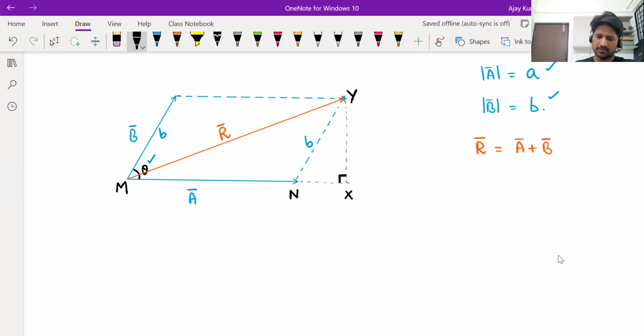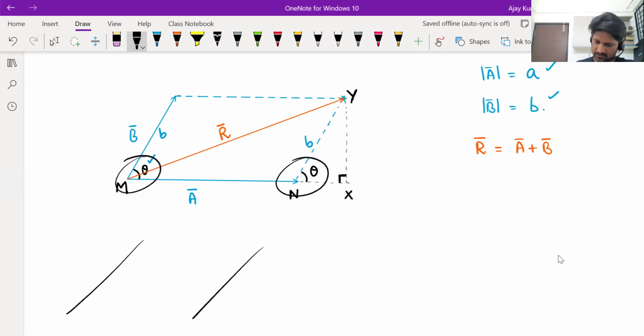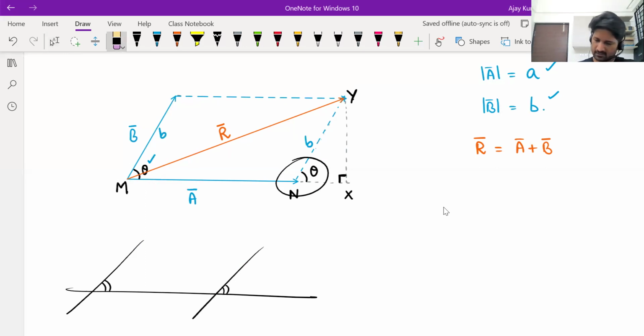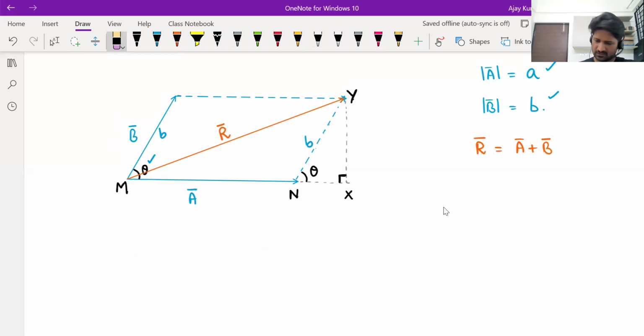Then this line MN becomes a transversal and this angle will also be equal to theta itself. What are these angles called? If there are two parallel lines and this is the transversal, then this angle is the same as this angle. What do you call those angles? Corresponding angles. You would have studied in mathematics, no? That's why I'm asking. Okay, fine. If you don't remember, leave it. I think they are called corresponding angles only.